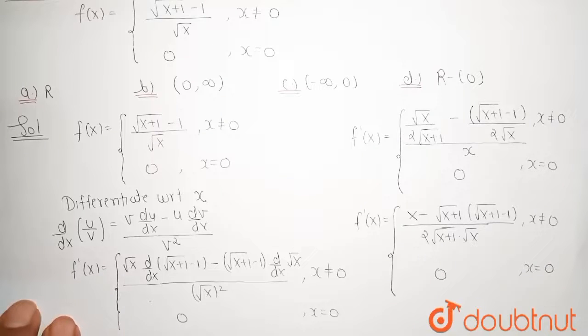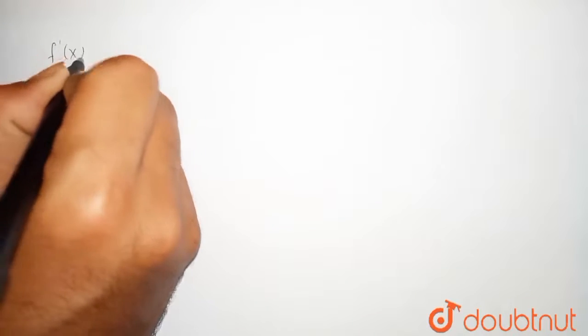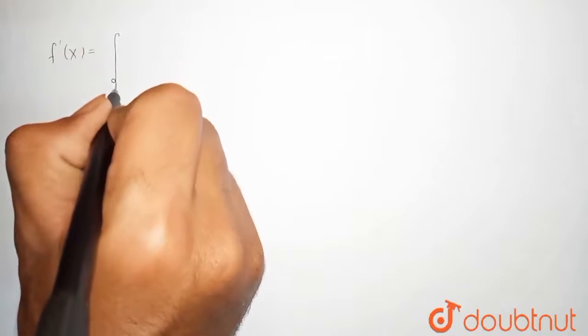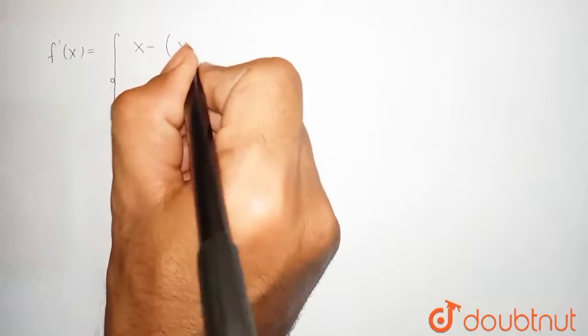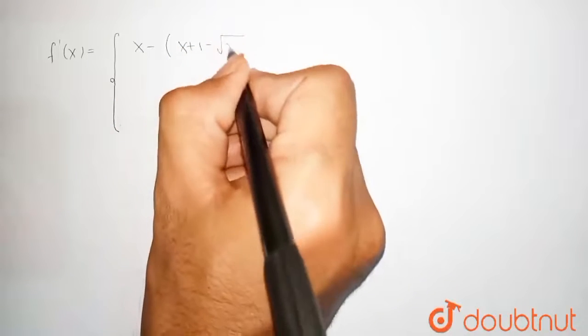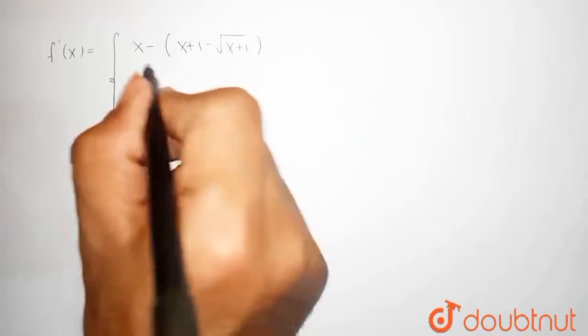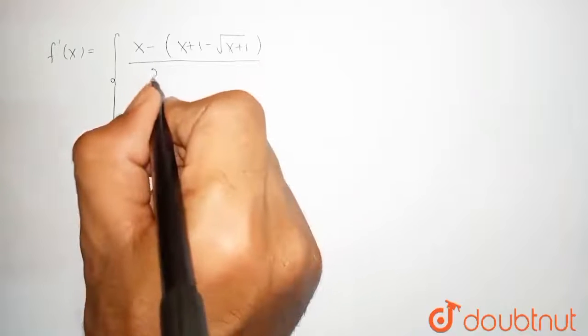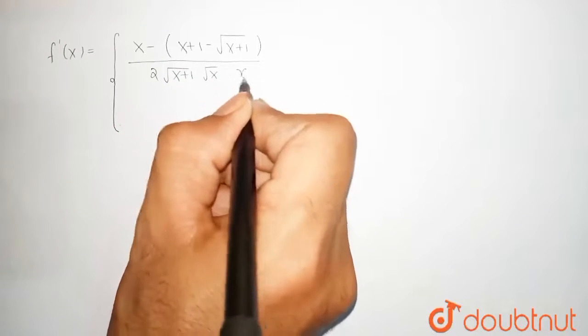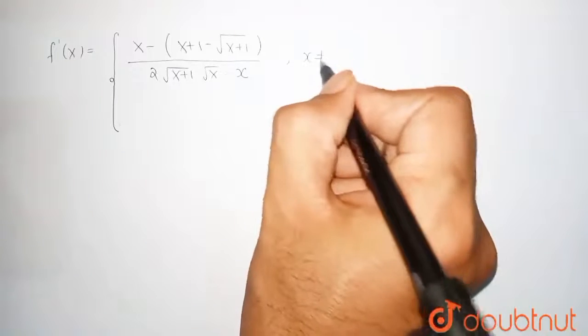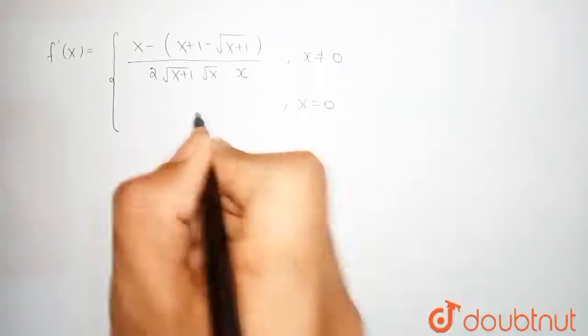So f dash x is x minus x plus 1 minus under the root x plus 1, whole divided by 2 times under the root x plus 1 under the root x into x, if x does not equal 0, and if x is equal to 0 it becomes 0.